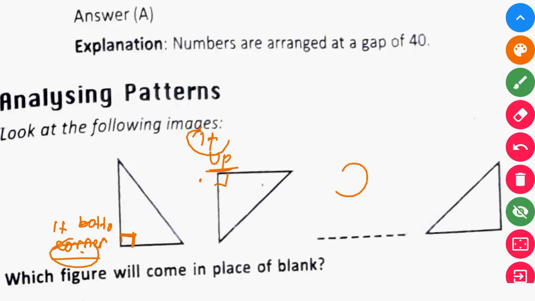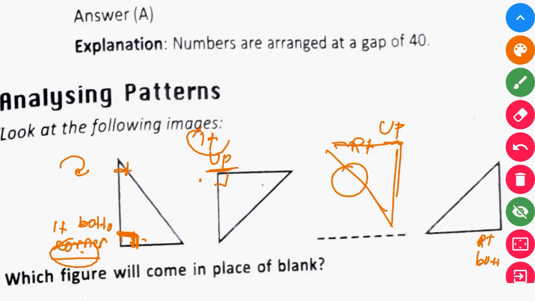Now here one is missing, but here it comes to the right and bottom. So if we observe, this right angle triangle is moving clockwise: first left bottom, then left up, now right up, and then right bottom.